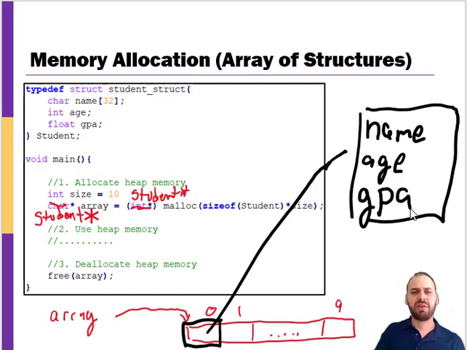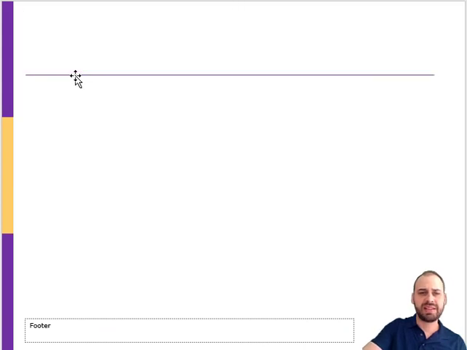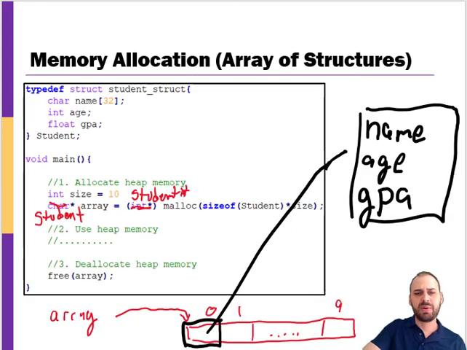Okay, so because of that, it's going to operate kind of similar to some of the other examples, right? Just in the interest of space, I'm going to make some room here. If we were going to look at that array in step 2, using heap memory for that array, well, how would we do that?